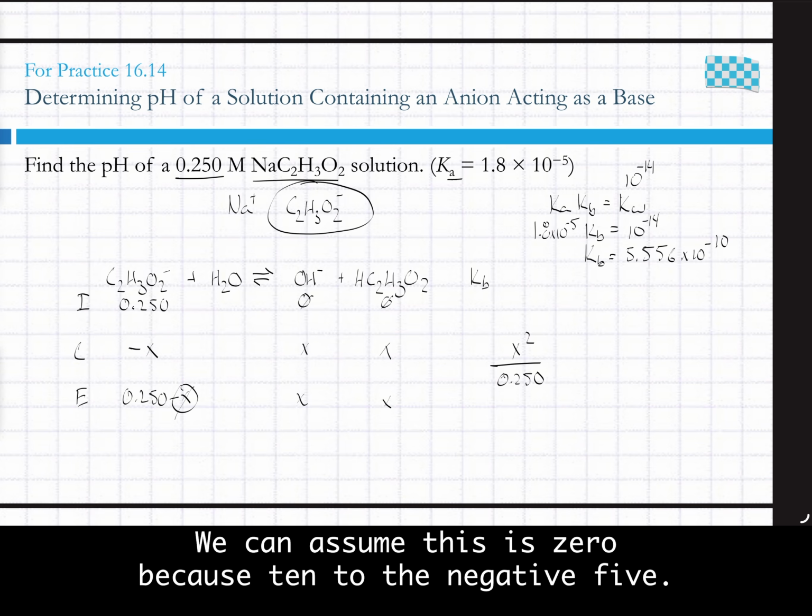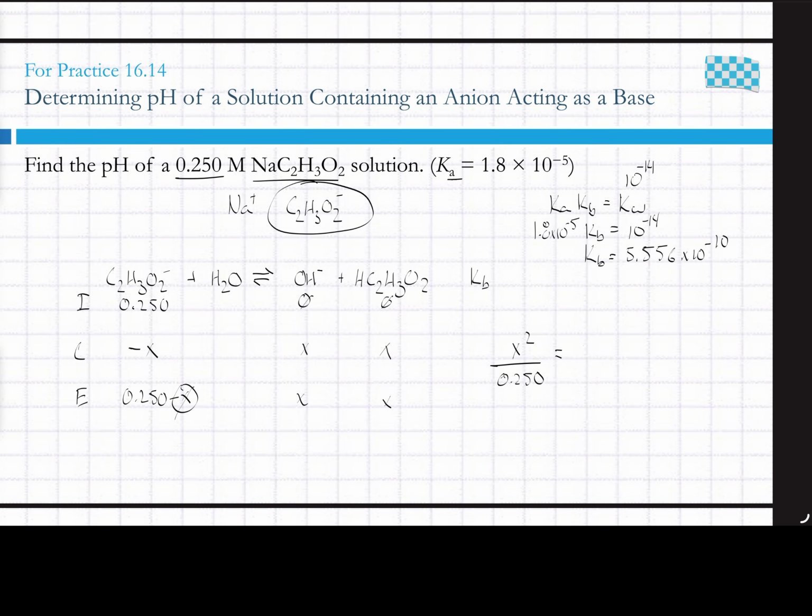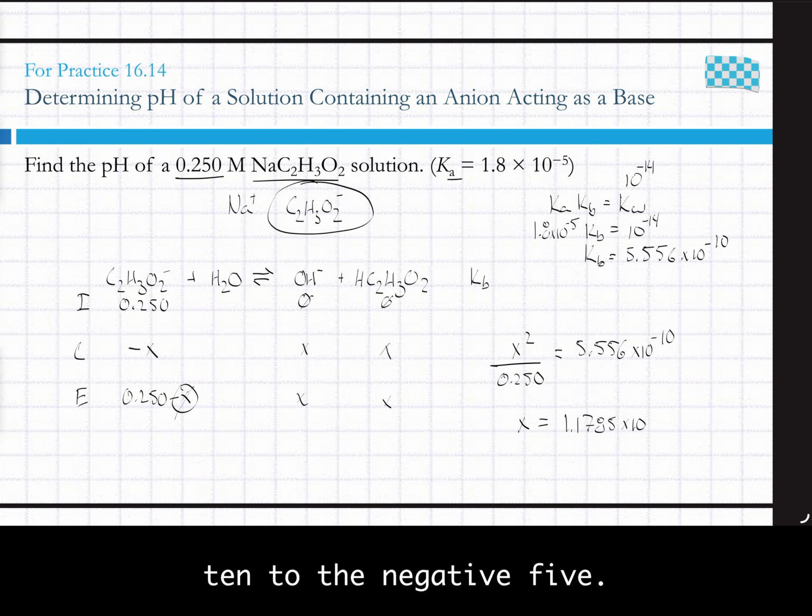We can assume this is 0.25 because it's 10 to the negative 5. So that times 0.25, and then the square root. 1.1785 times 10 to the negative 5. And that's x. So that will be OH minus.